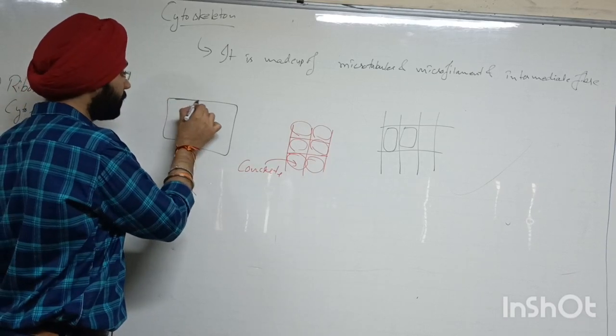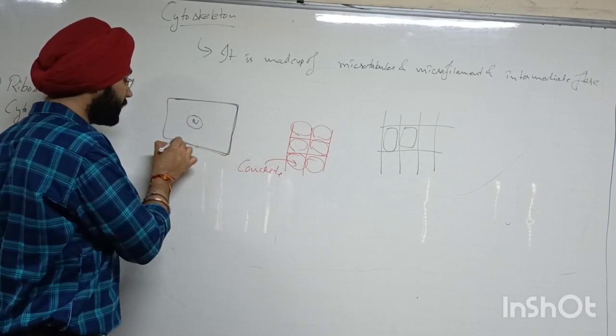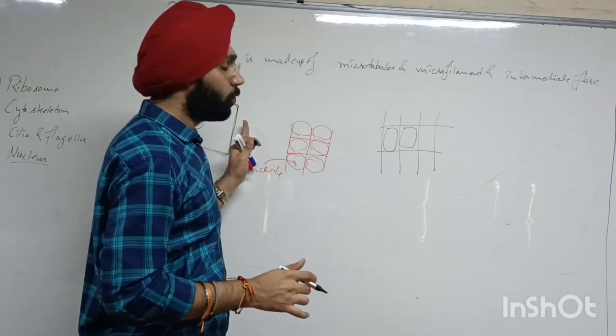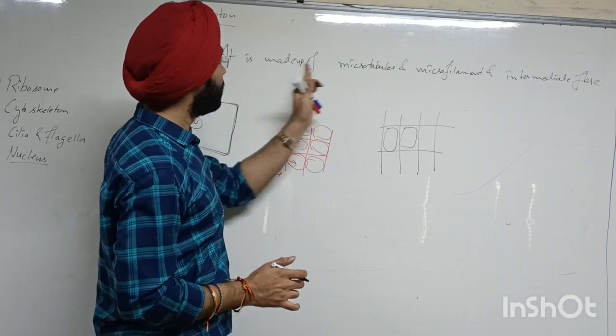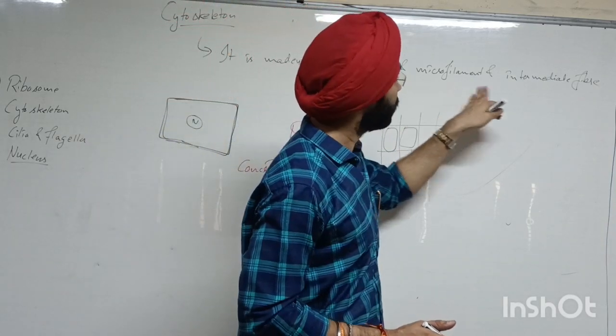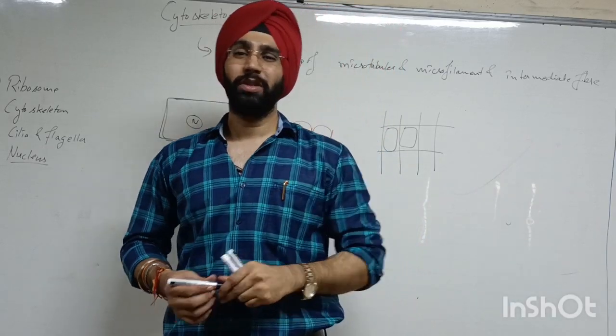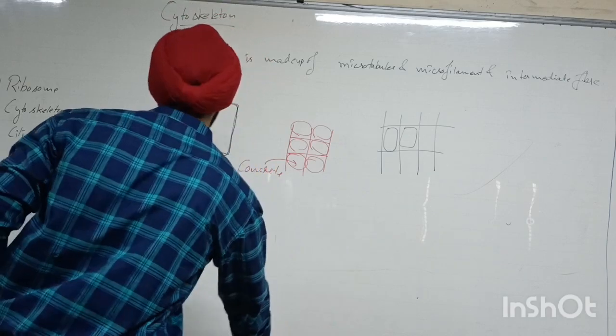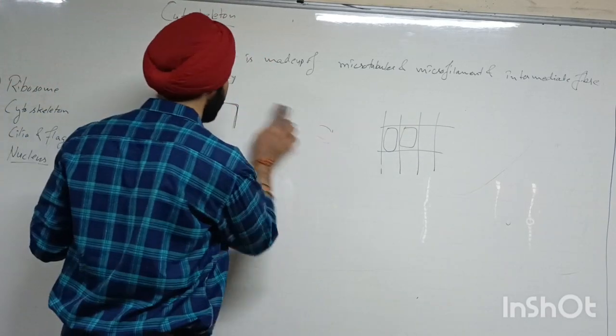So it must have rigidity in the cell wall and cell membrane. This support, this rigidity is provided by the cytoskeleton, which is made up of microtubules, microfilaments and intermediate fibers. That is all written in your NCERT, and nothing more needs to be understood in this.